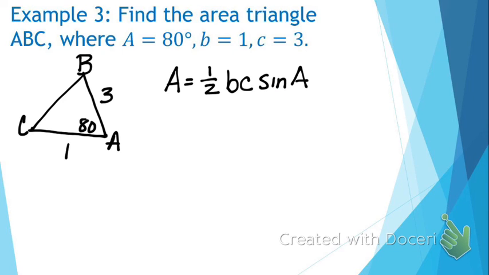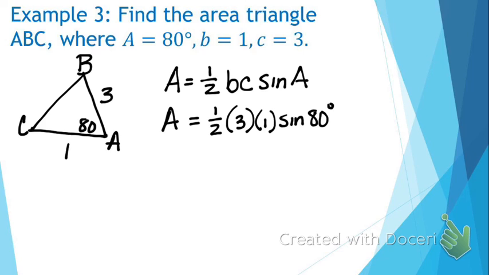So you have to rearrange that depending on what you know. So if you type in 1/2 bc sine of 80 degrees, and when you type that in, you should be able to do that in one step.